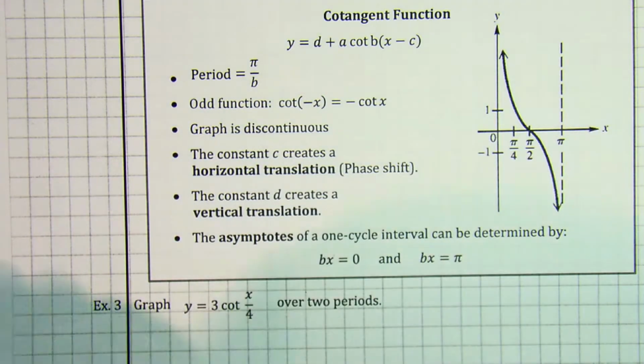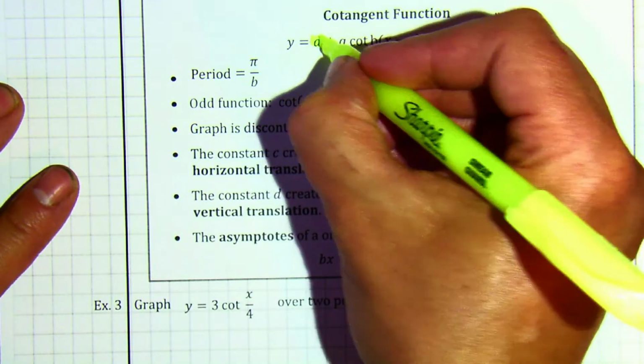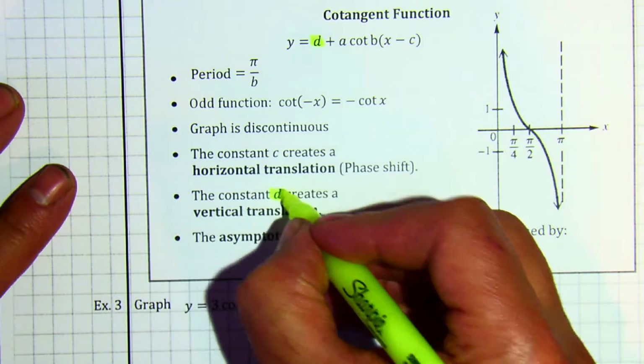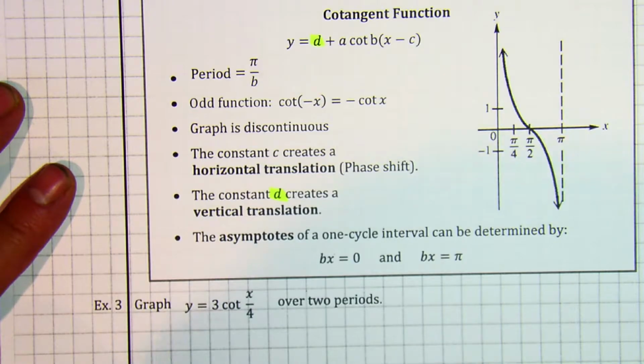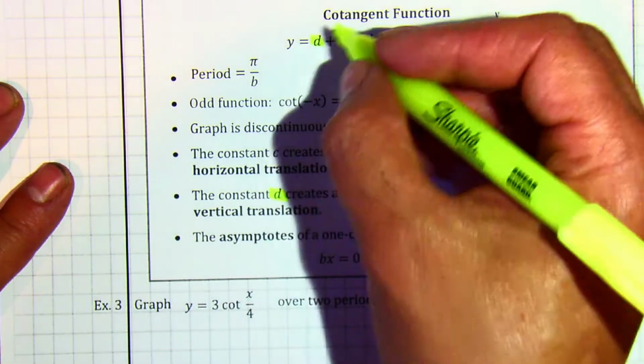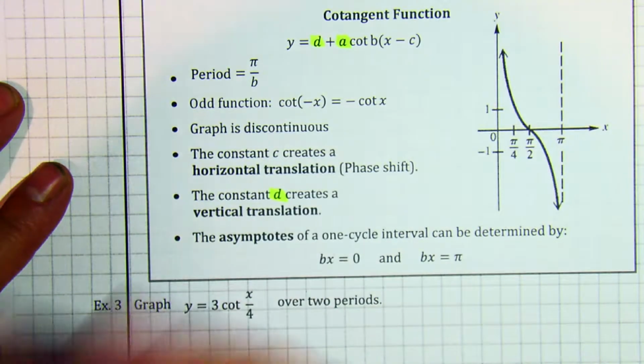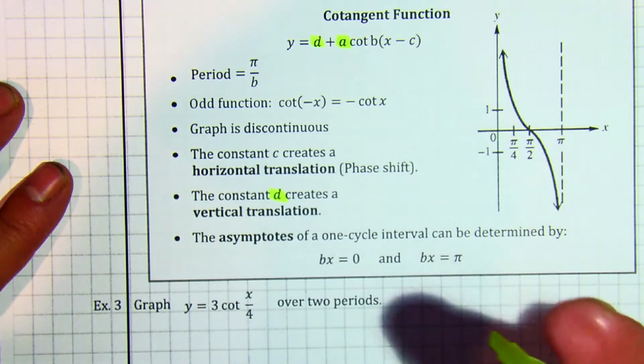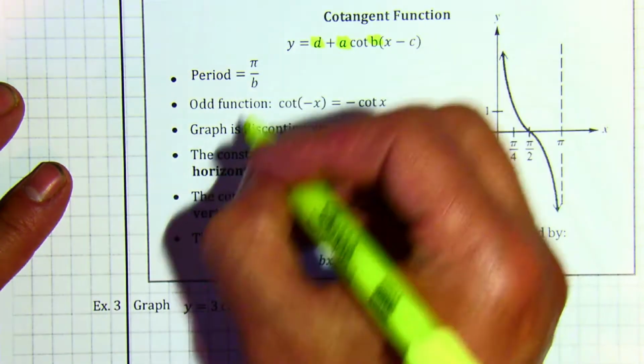So in this case, once again, we have D, which will be your vertical translation, moves up or down your graph. Your A will be your amplitude. Your B is part of your period.